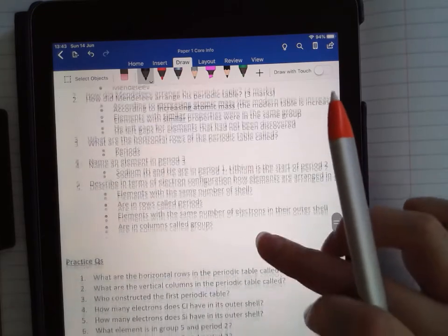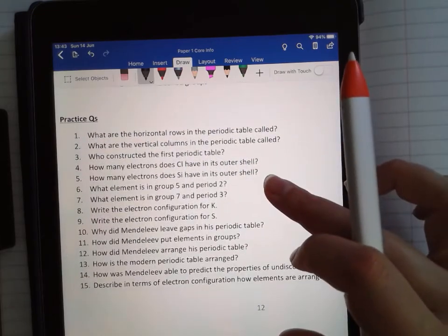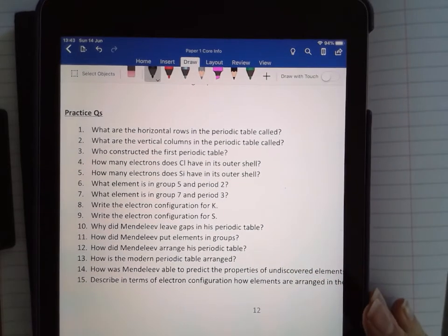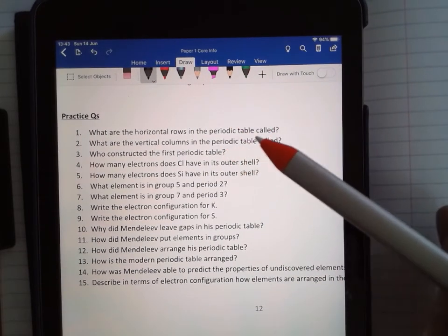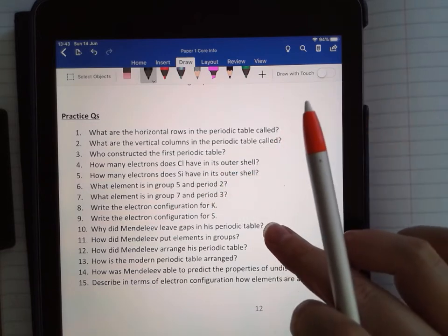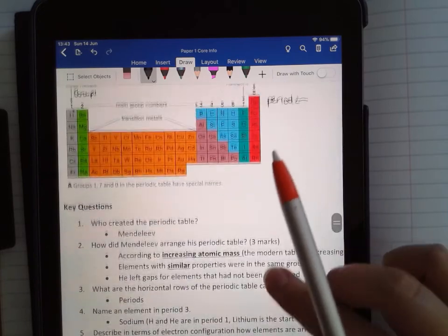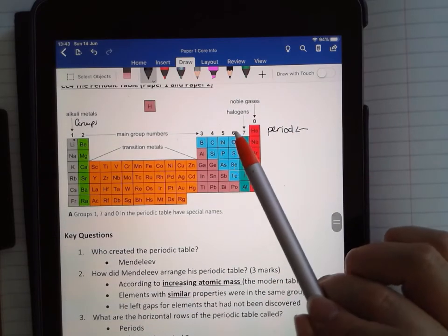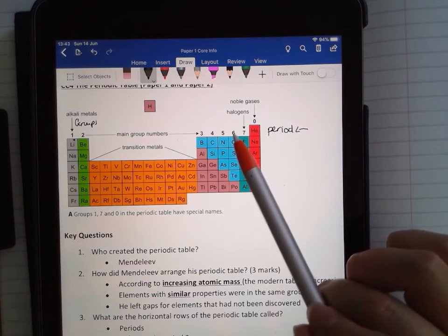There are some practice questions here on the periodic table. I would recommend answering these questions. The first 3 we've gone through. Questions 4, 5: how many electrons does something have in its outer shell? You get that information from your periodic table. If an element is in group 6, it's got 6 electrons in its outer shell.